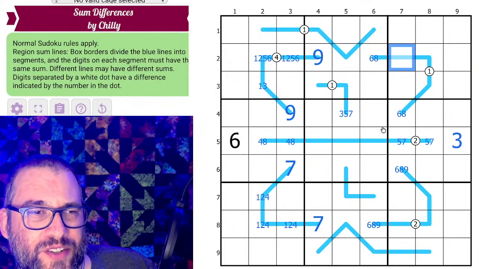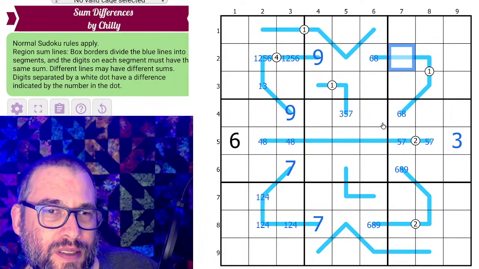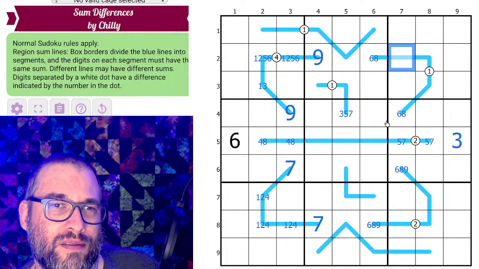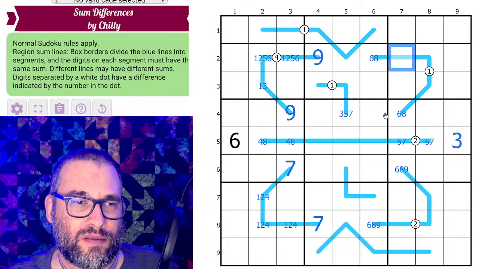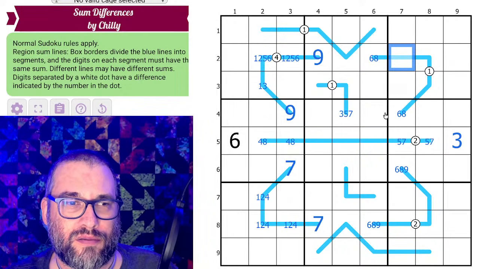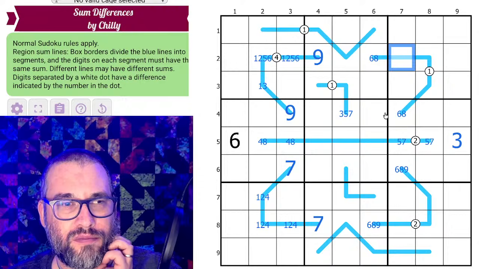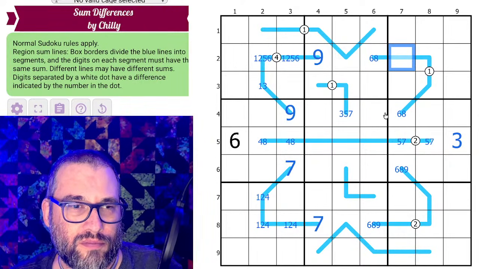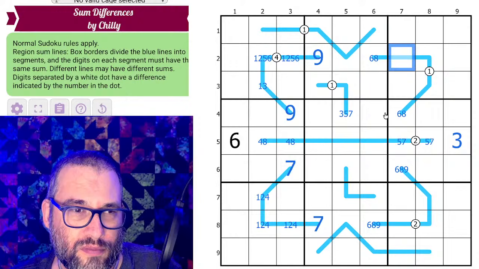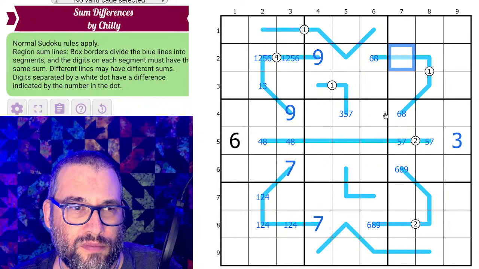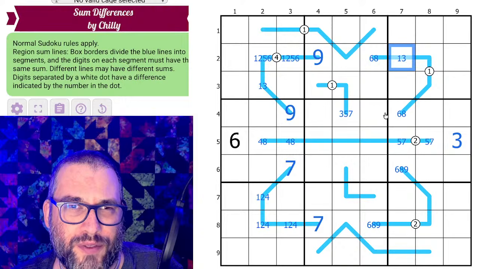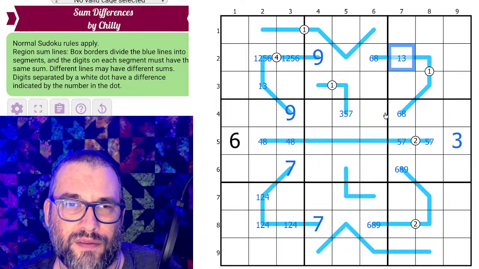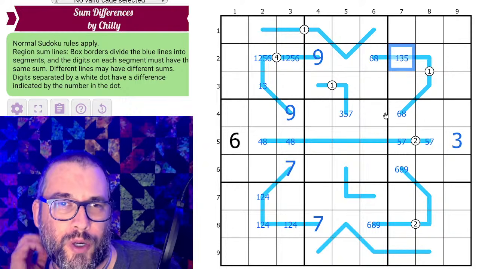Which means this digit is odd. One, 3. Is 5 too big? No, 5, 1, 2 works.